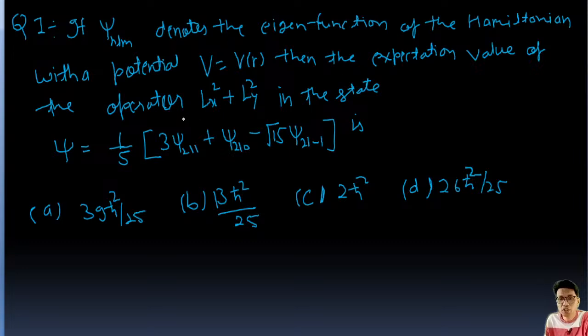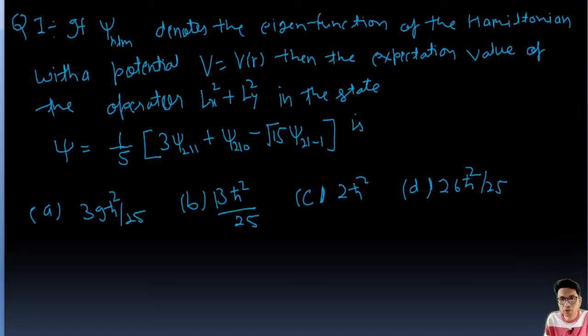Then the expectation value of the operator Lx square plus Ly square in this state psi, which is given as 1 upon root 5 into (3 psi 211 plus psi 210 minus root 15 psi 21 minus 1), is what? So I'm going to solve it, since it was left in the last lecture because my class ended automatically.